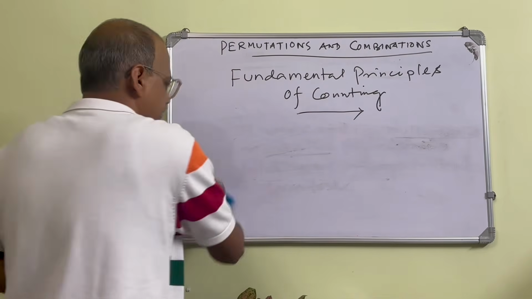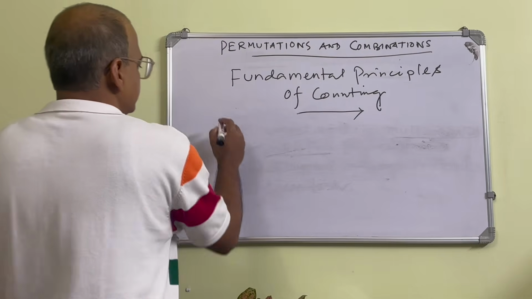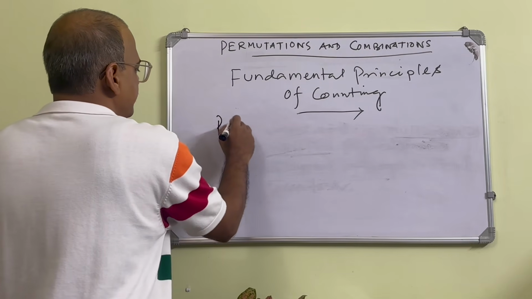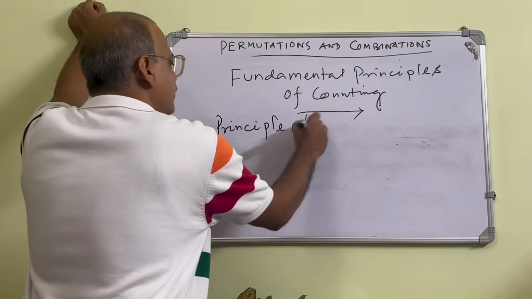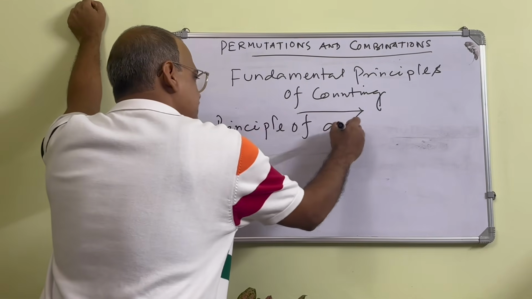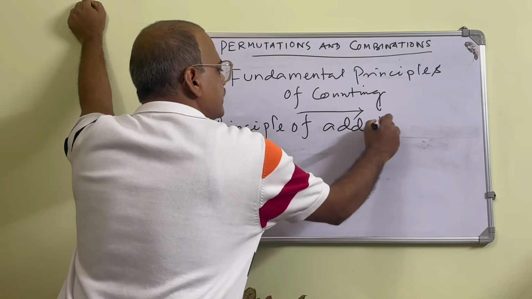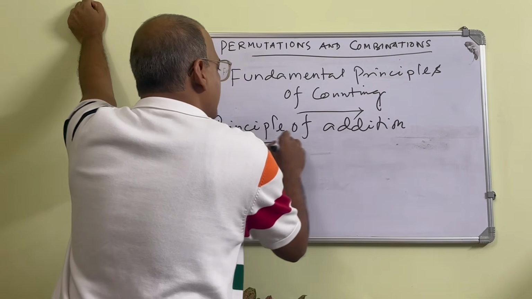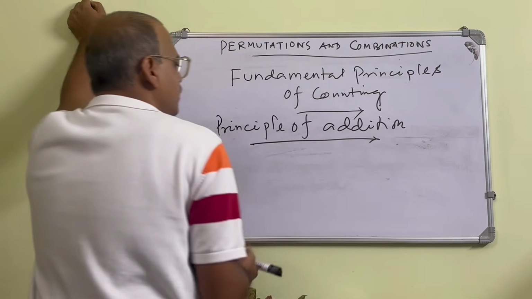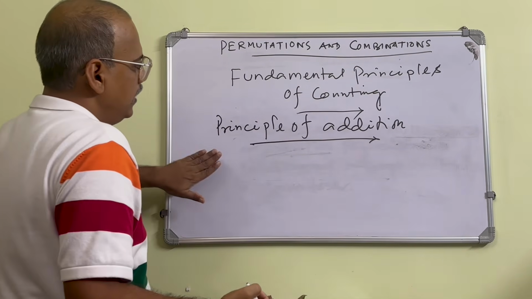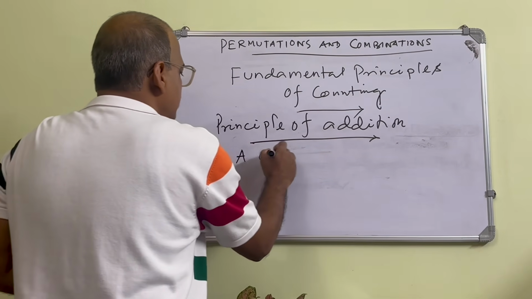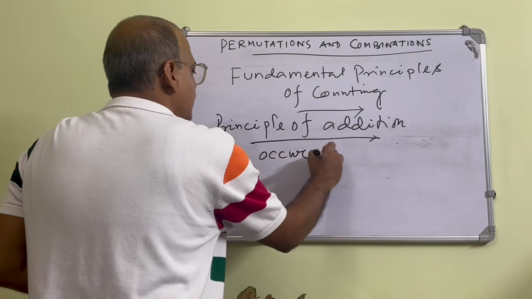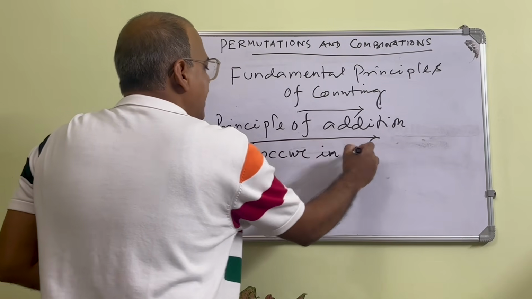Let me write it over here. Principle of addition. Let's say event A occurs in M ways.